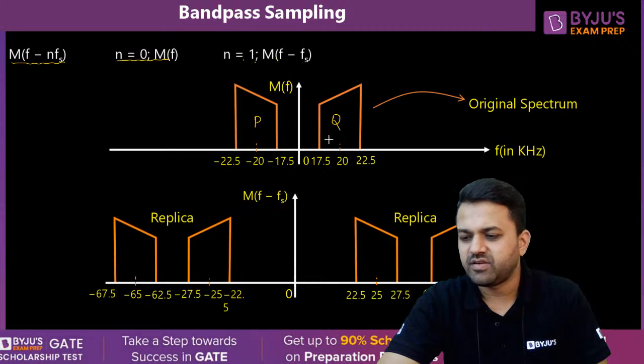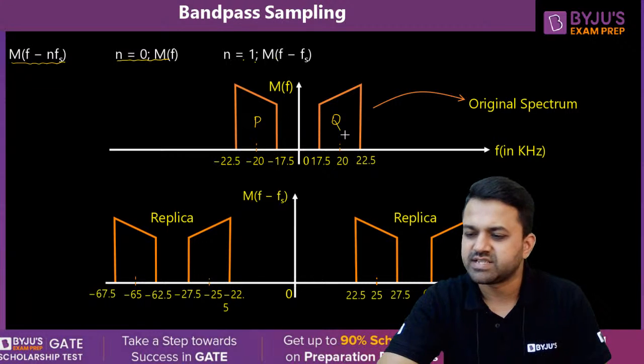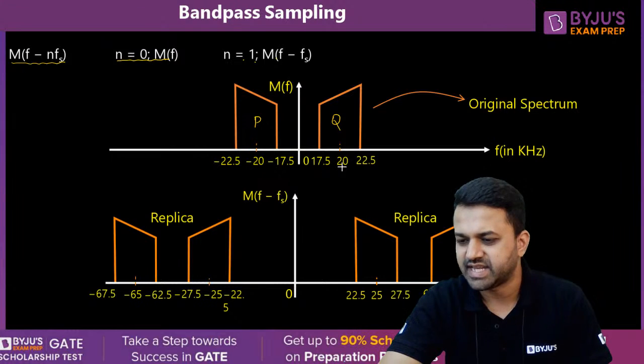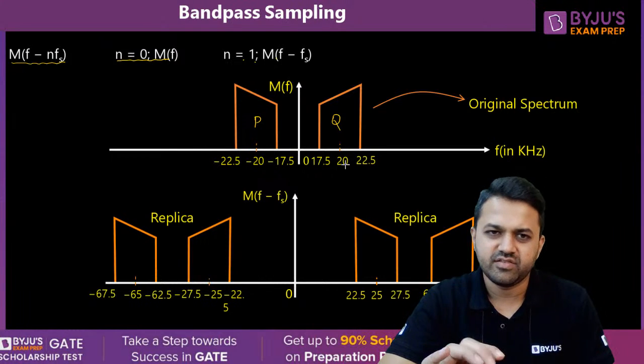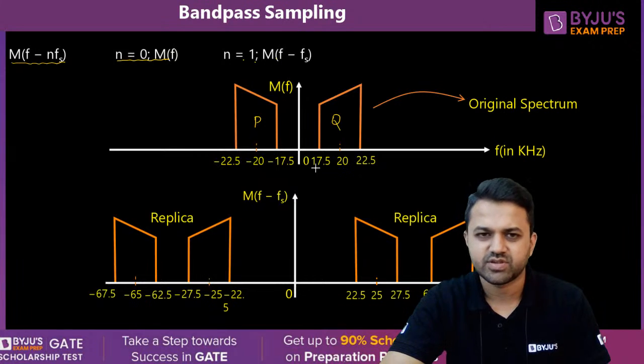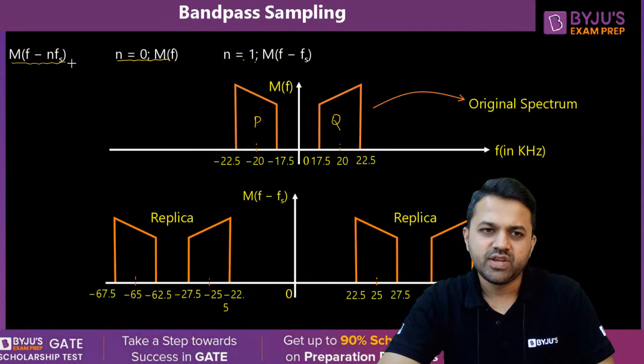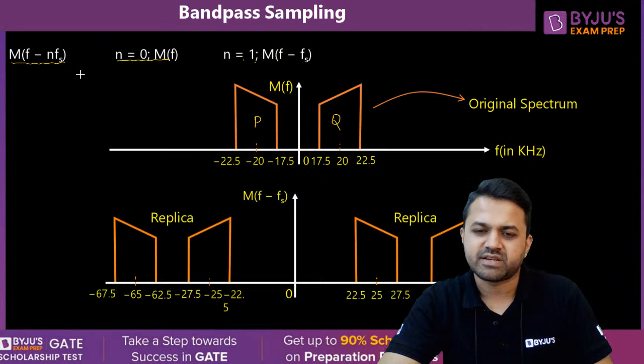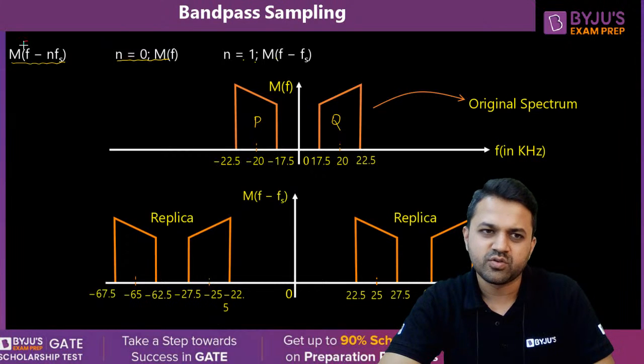That is the point we are going to discuss, and if you watch this lecture completely, you will understand when to apply Fs equal to 2Fh and when Fs is less than 2Fh. We know that this is the spectrum we are going to get after sampling.